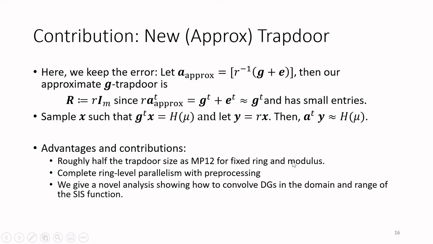Now, a technical challenge of this technique is that, for reasons we show in the paper, this has a leakage both in the domain and the range of the SIS function. So we give a novel analysis on how to convolve these discrete Gaussians in the domain and range.